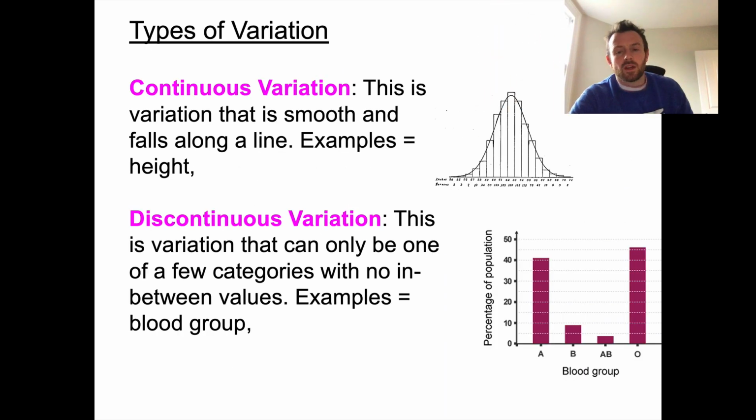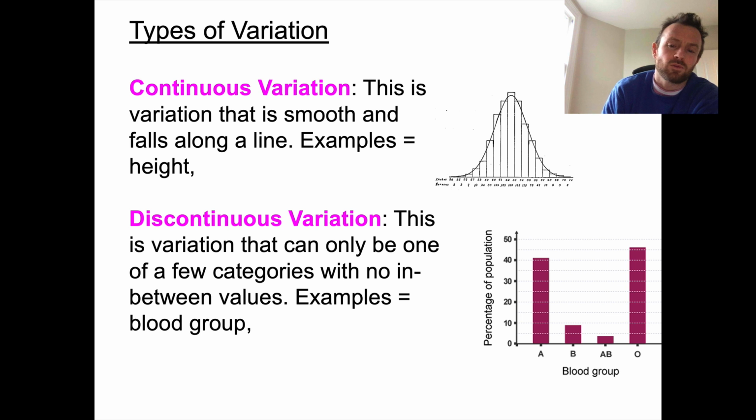Okay, so now let's get into a bit more of the maths of things. What are the types of variation mathematically? Well, mathematically, we can either say that variation is continuous or discontinuous. These are two statements that you're going to need to write down. So continuous variation is a variation that is smooth, and it kind of falls along a line, or maybe it falls along a range.